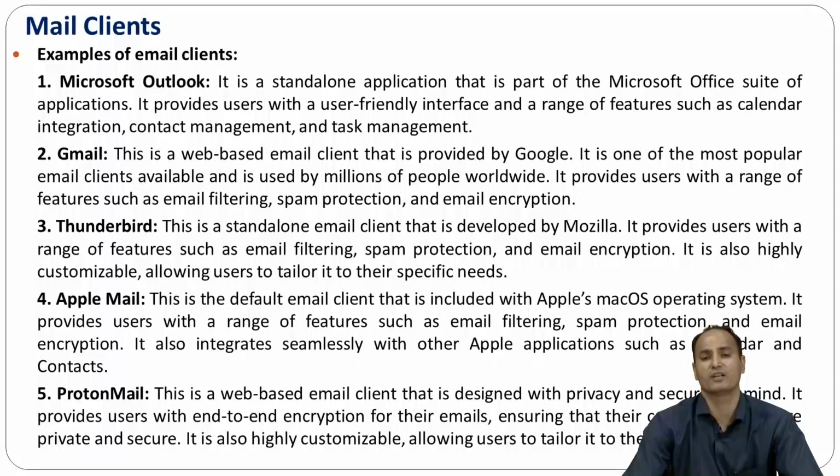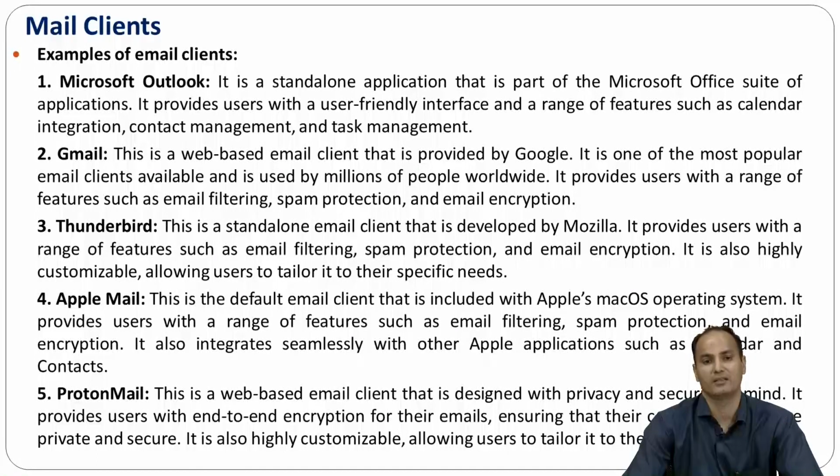This is a standalone email client that is developed by Mozilla. It provides users with a range of features such as email filtering, spam protection and email encryption. It is also highly customizable, allowing users to tailor it to their specific needs.